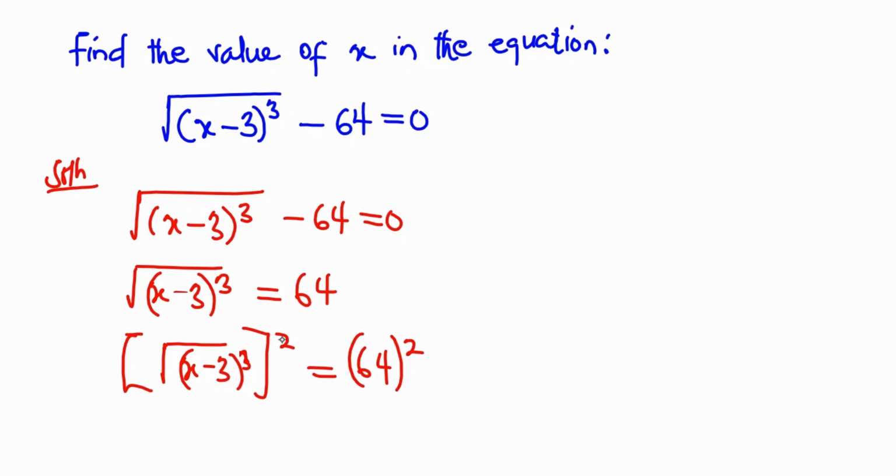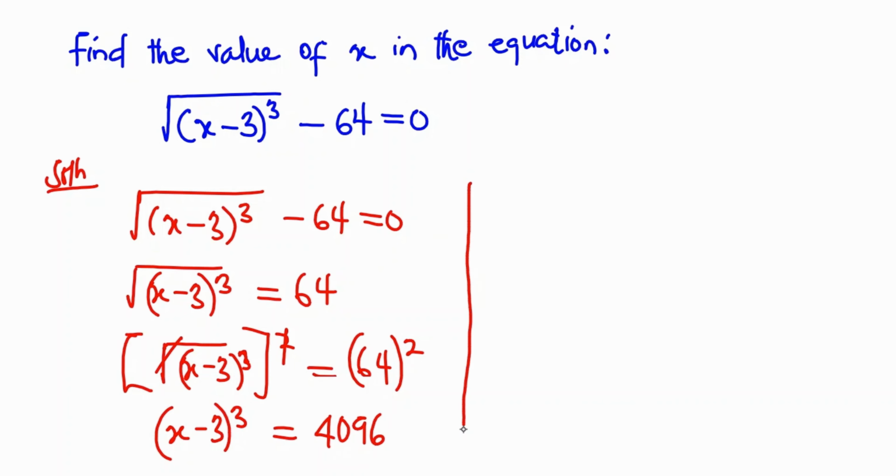Now in this instance, we can see that the square will cancel the square root and we are left with x minus 3 all exponent 3, which is equal to 64 squared, and 64 squared is known to be 4096. Now that we have this one, since there is also an exponent of 3 here, we have to take the cubic root of both sides so that we can eliminate the exponent of 3.